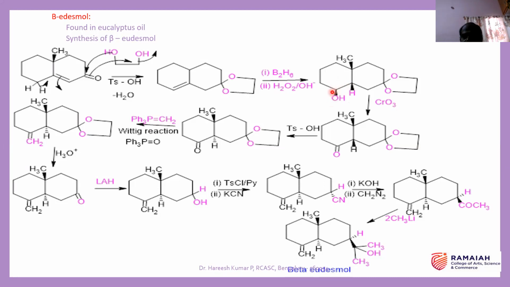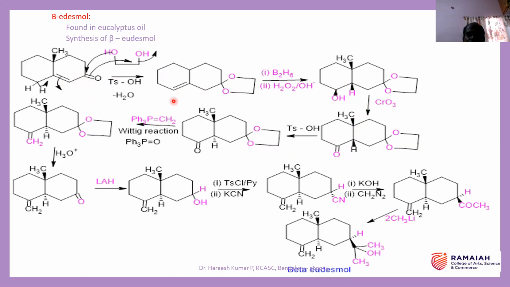Once an alcohol is obtained, more particularly a secondary alcohol, this is oxidized. Oxidized means a secondary alcohol gets converted into ketone. One more thing you need to remember: if it is possible, write the mechanism for all the steps.